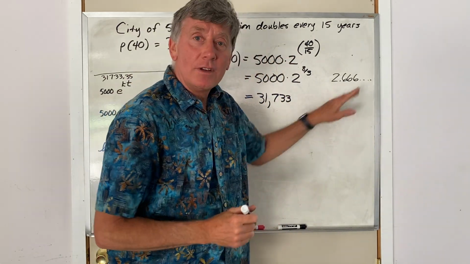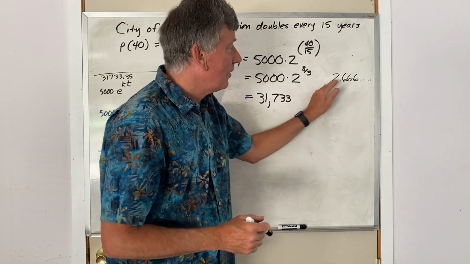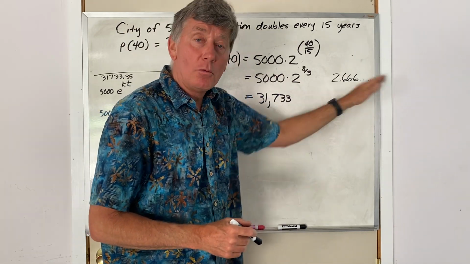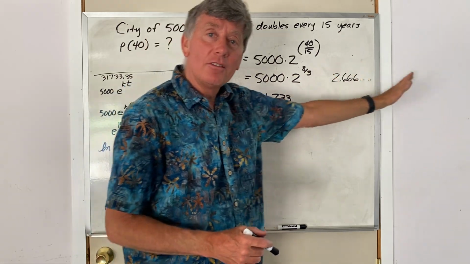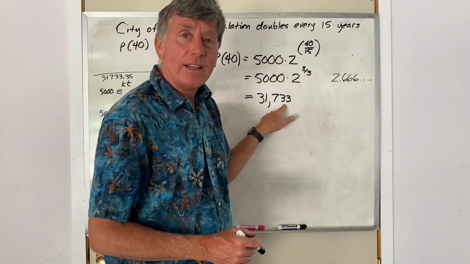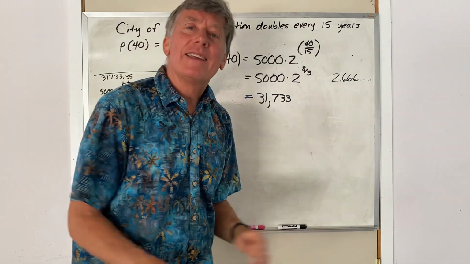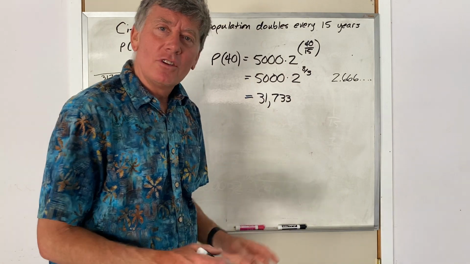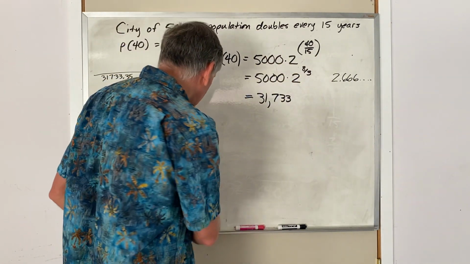I stopped at 3 decimal places, and you're going to see that this number changes the more precise you are. As you go many decimal places out, you're going to get a slightly different number. But 31,700 something is going to be the population of this city, if it indeed doubles every 15 years.